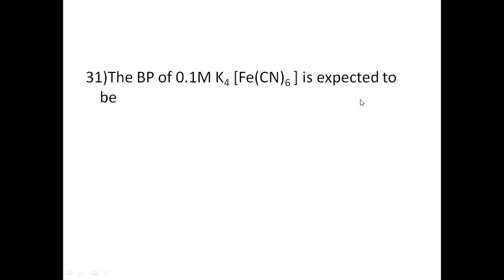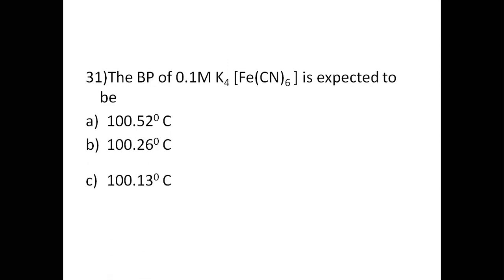See the options there. 100.52. Sometimes what the student does is they take 100 degrees as the boiling point of water and 0.52 as the KB value. They add that and write 100.52 degrees Celsius. That's also wrong. And 100.26 is the correct one.